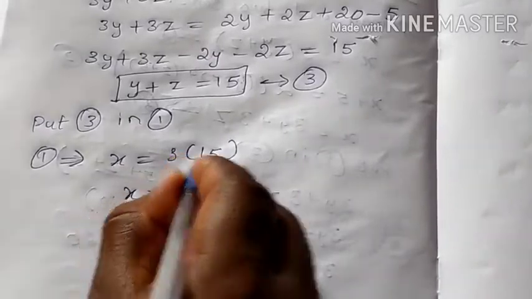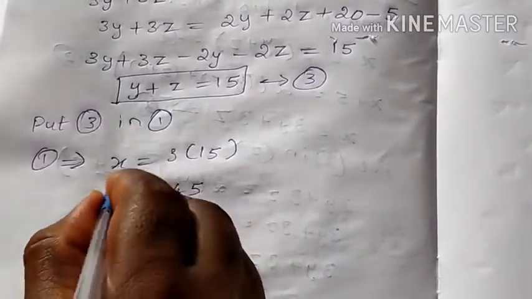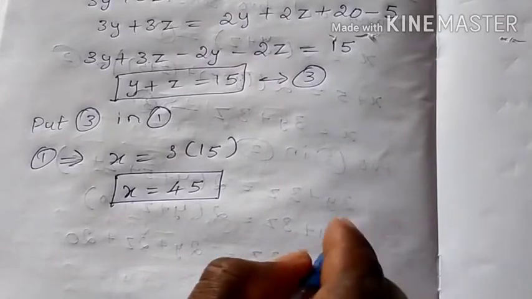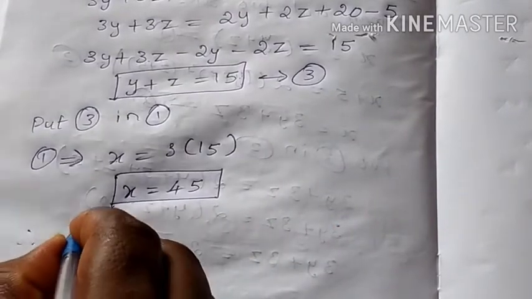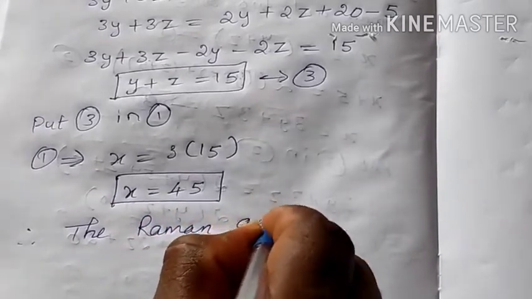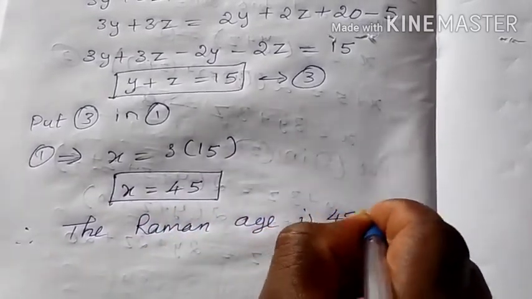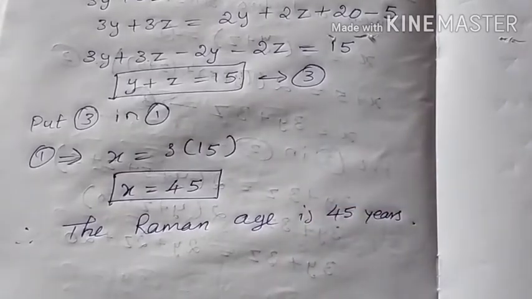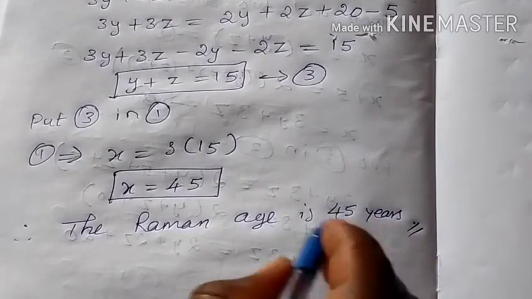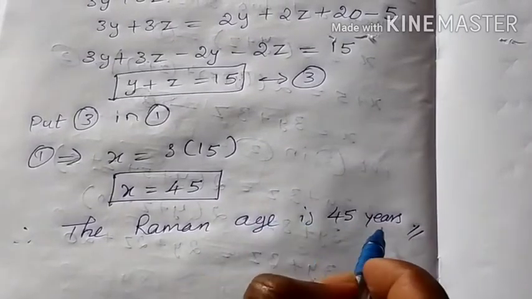So x is equal to 3 15s, which are 45. That's all. Therefore the Raman age is 45 years. That's the answer. Have you understood? Your question is, what is the age of Raman? So Raman's age is 45.